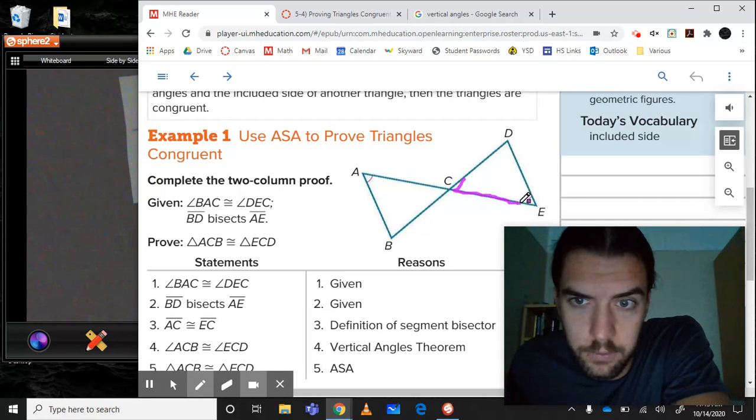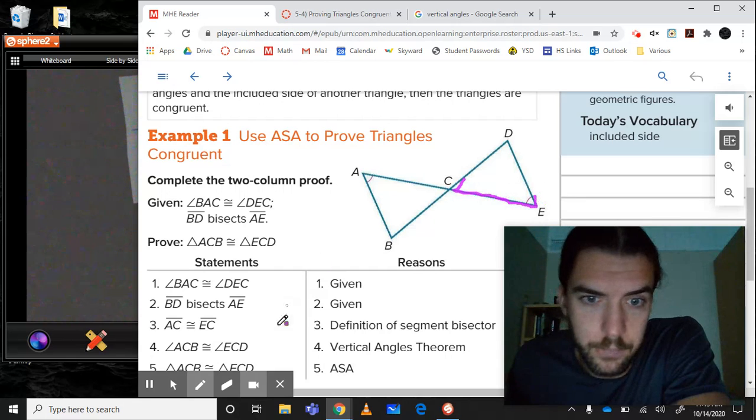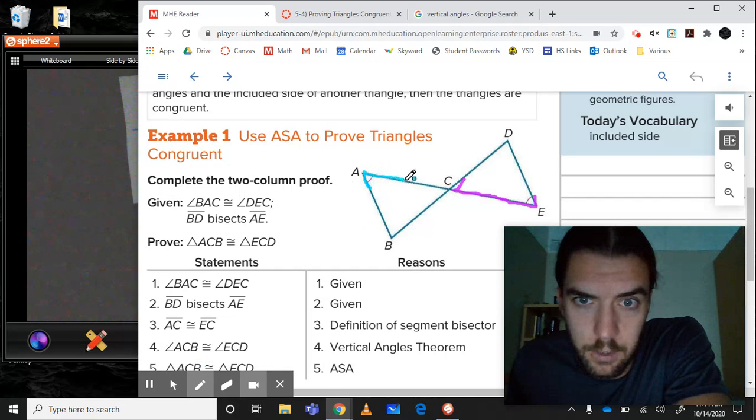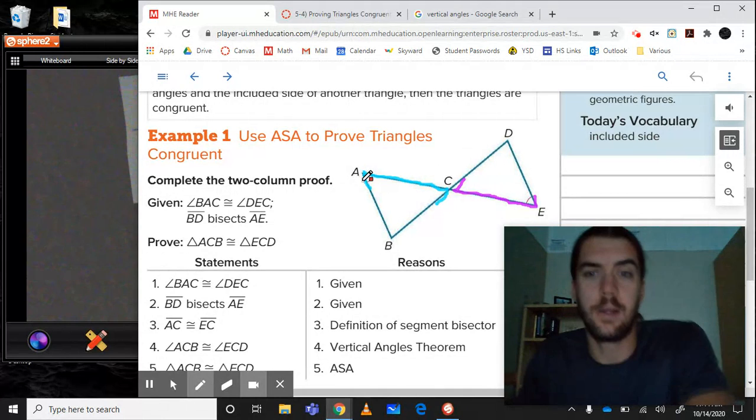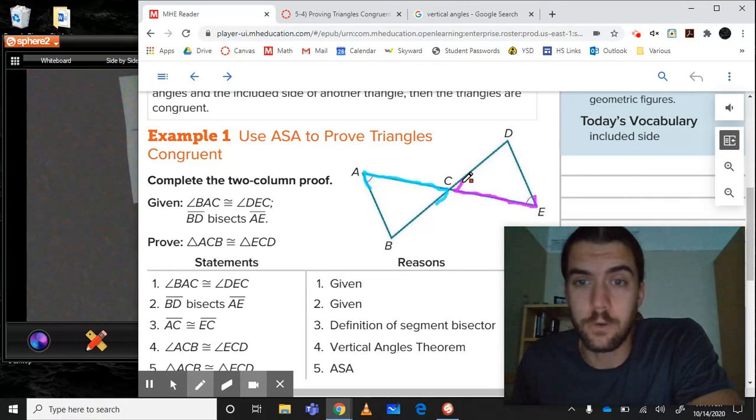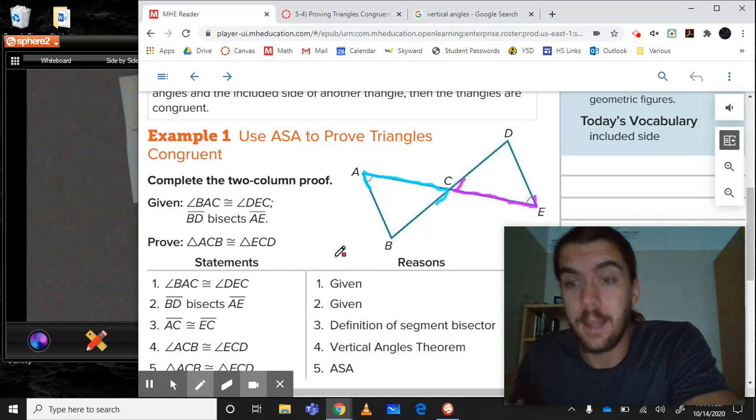The angle, side, angle, and the angle, side, angle. What we're saying is that that group of three features, the angle, side, angle, is congruent to the other angle, side, angle. And our ASA criterion has been satisfied.